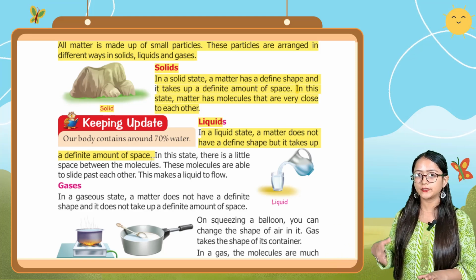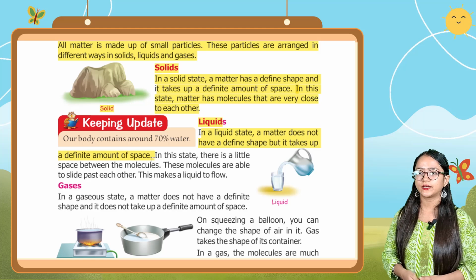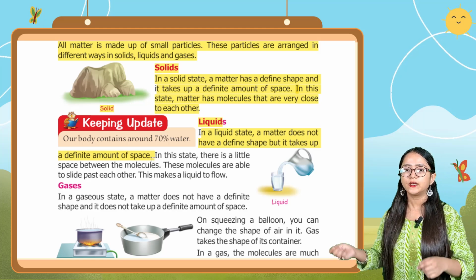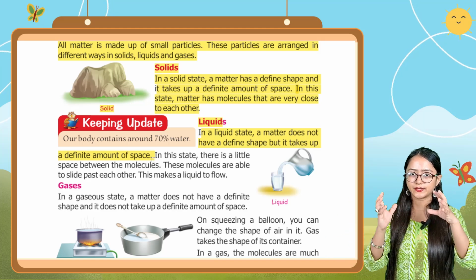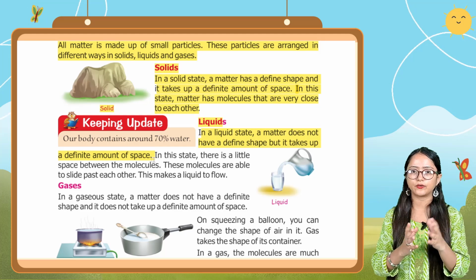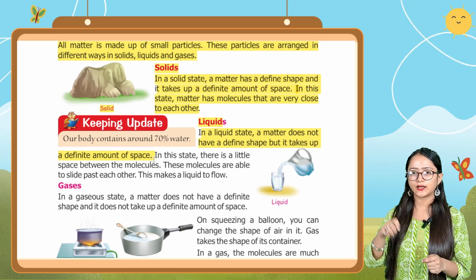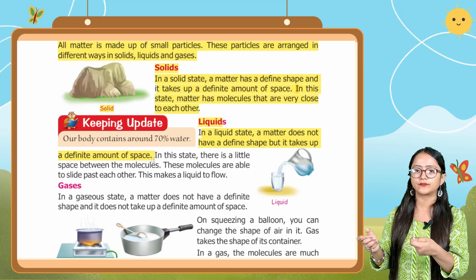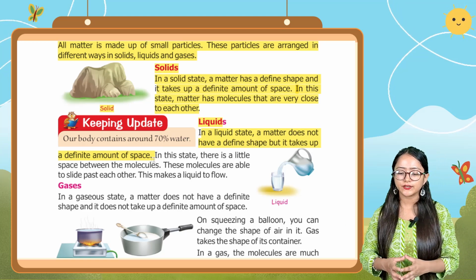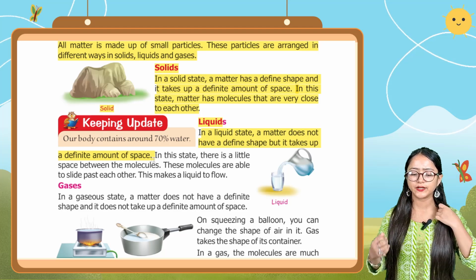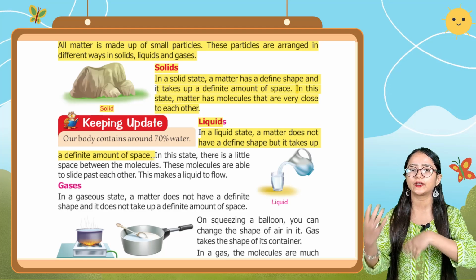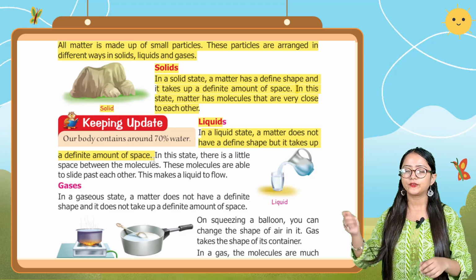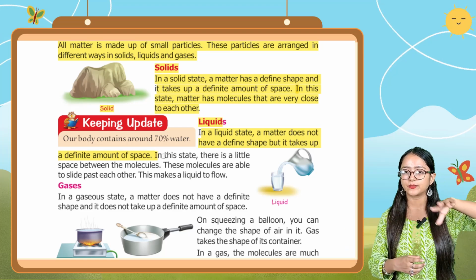Water can take any shape. If you put it in a glass, it takes the shape of the glass. If you put it in a spoon, it takes the shape of the spoon. If you put it in a bottle, it takes the shape of the bottle.